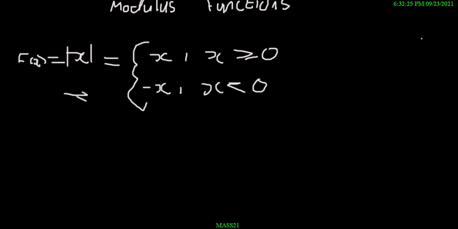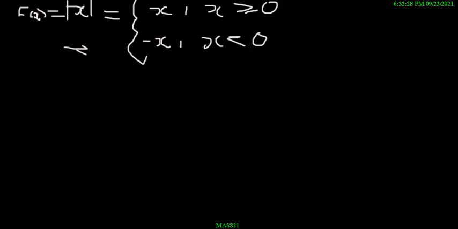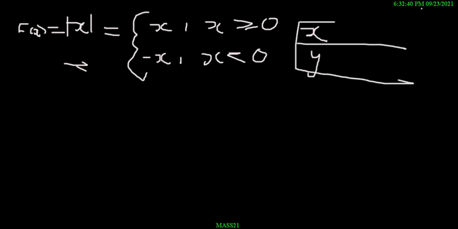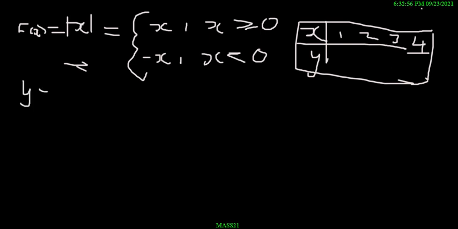To graph this one, we would first need to give ourselves a scale of x values. We can just come up with any, so we can say 1, 2, 3, 4. And if x is 1, y is also going to be 1, because this is the same as y is equal to the modulus of x.